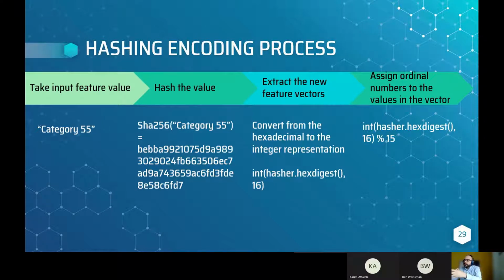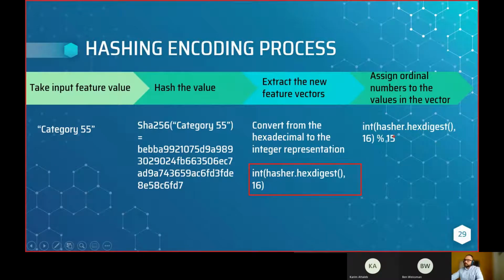So we get the hashed value, and we extract the new feature vectors. We have to convert from the hexadecimal representation to the integer representation, applying this function here. Then we have to assign ordinal numbers to the values in the vector by taking the modulo of this integer number with 15.